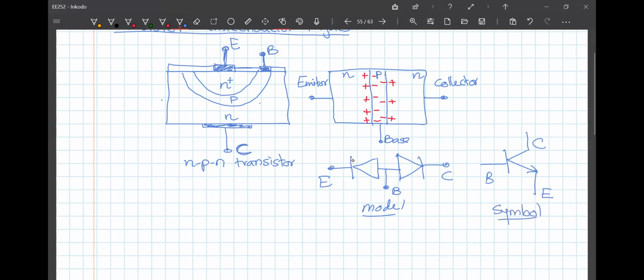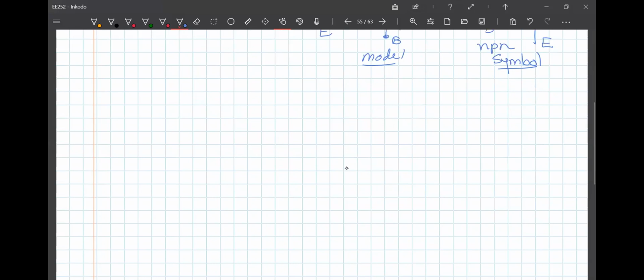Now, if you had a PNP transistor, the symbol would look like that. Okay, this is the base, emitter, collector. That would be the PNP transistor, whereas this is the NPN symbol, right?